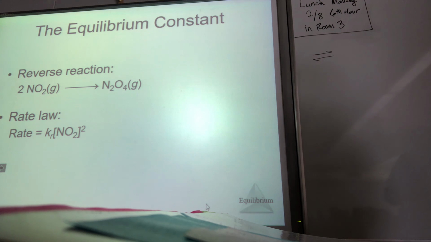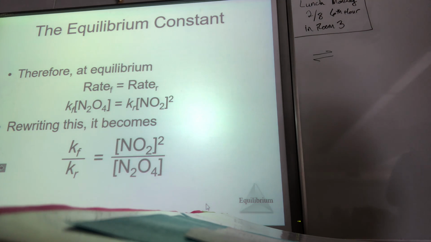Now remembering that in equilibrium they equal each other, we can set the rate of the forward equal to the rate of the reverse, and then we can solve for K. There are two Ks in this particular situation. We always put the forward over the reverse when we do this type of reaction.